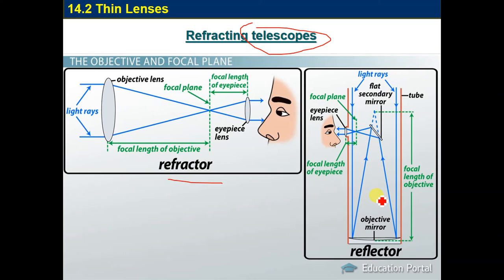So we have two types of telescope: the refracting telescope, the one that uses lenses, and the reflecting telescope, the one that uses mirrors, in order to see an image of a distant object larger than the real object.